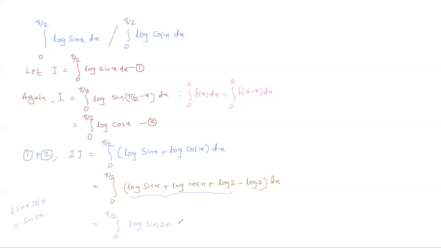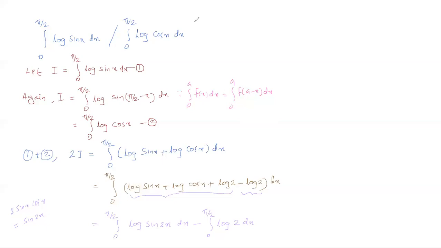So you can take that as one expression dx, minus, separately, integral 0 to pi by 2 log 2 dx, because the integral of a sum can be written as the sum of the integrals.